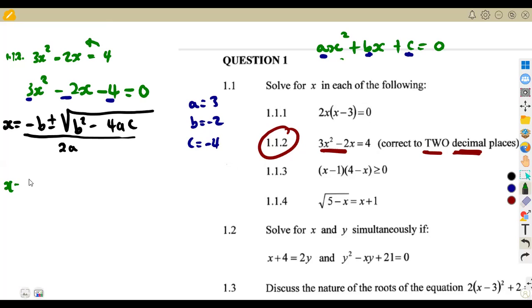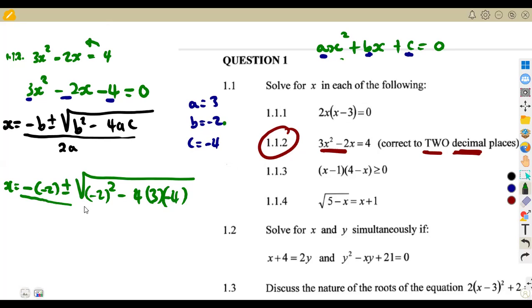So x is equal to minus b, that's minus minus 2, plus or minus the square root of b squared, our b is minus 2, so you're going to have minus 2 squared minus 4 times a, which is 3, and c, which is minus 4.